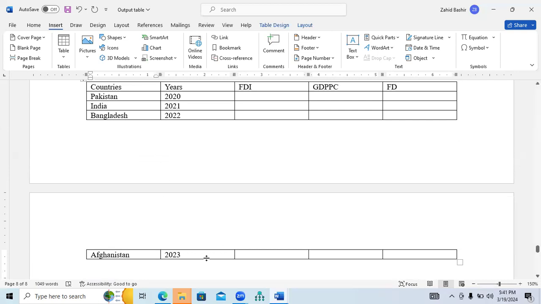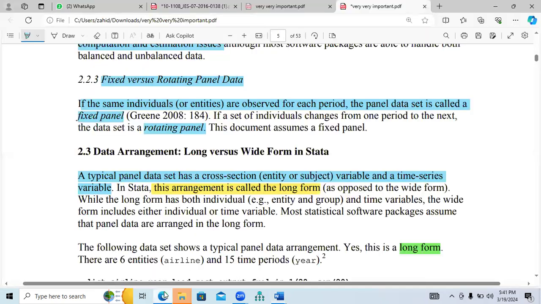It becomes basically the rotating panel. So in case of fixed panel, we may have observation or entities that is repeating again and again. While in case of rotating panel, the individuals or entity changes from one period to the next. That is rotating panel.